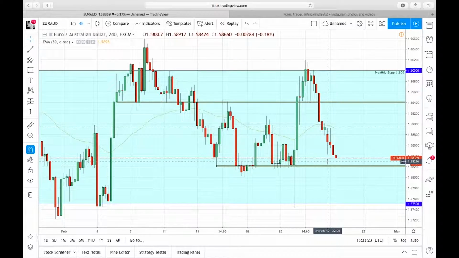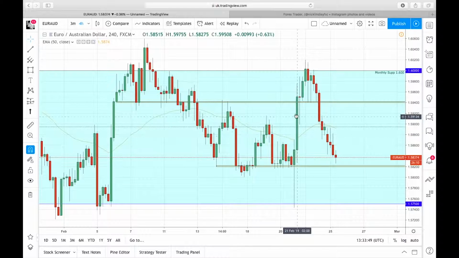The reason I've marked this one here is because this is the previous higher low. So we were coming down here, lower low, lower high, lower low, lower high, lower low, lower high, lower low. The trend shifted. We formed a higher low. We failed to break below these lows, and price put in that strong bullish candle which I talked about on the daily time frame.